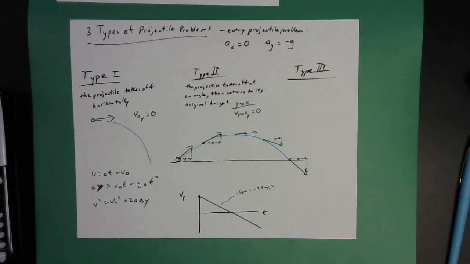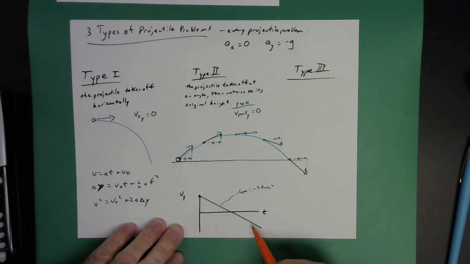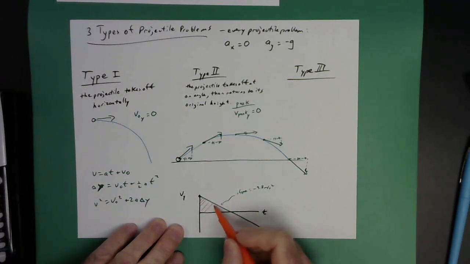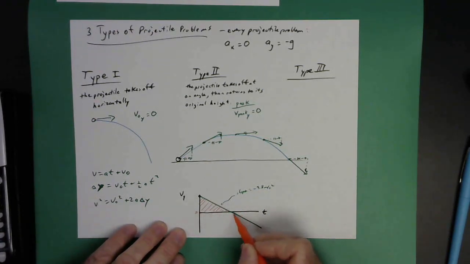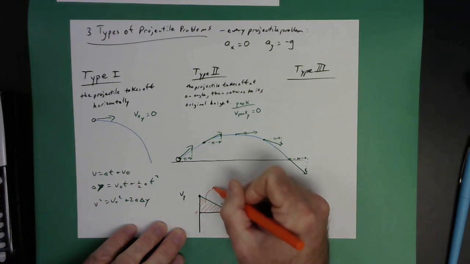Now, there's something else special that we talked about on a previous homework set about velocity time graphs. We talked about the idea that the area between the line and the time axis has a special meaning. Remember what this area between the time axis and the line on a VT graph means? Turns out this is displacement.